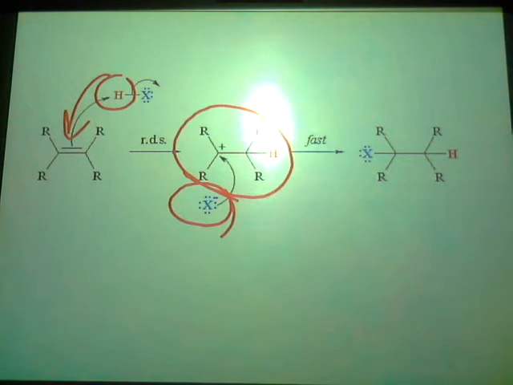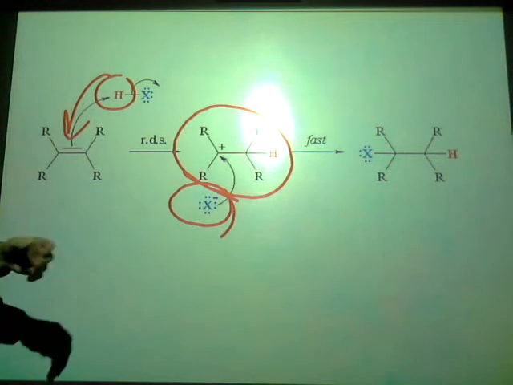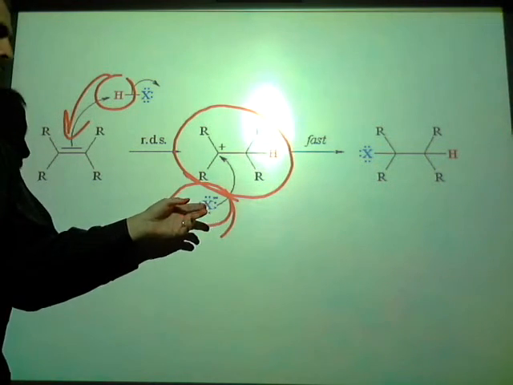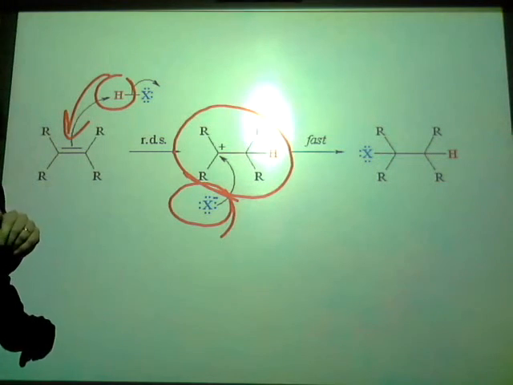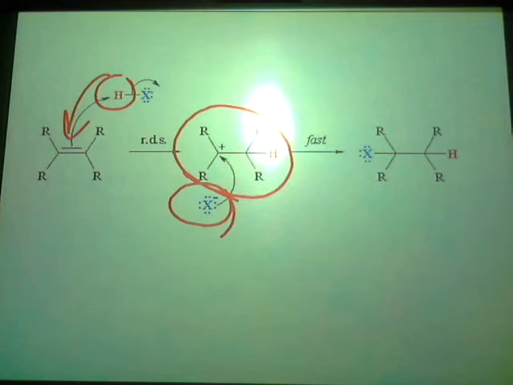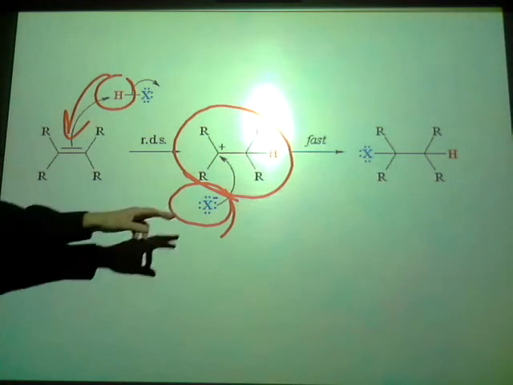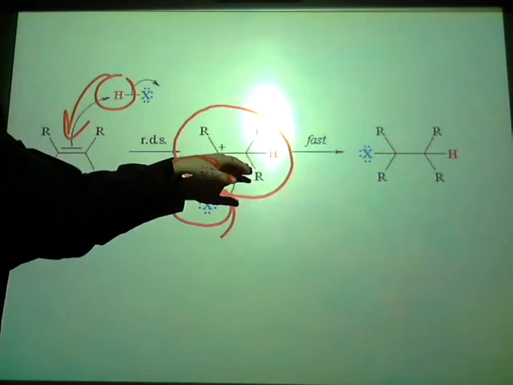Nucleuses have what in them? Protons and neutrons, which makes them positively charged, right? All right, so a negative bromine, whatever he is, OH, would be attracted to the positive charge here. So that would be the nucleophile, that would be the electrophile, that would be the carbocation.